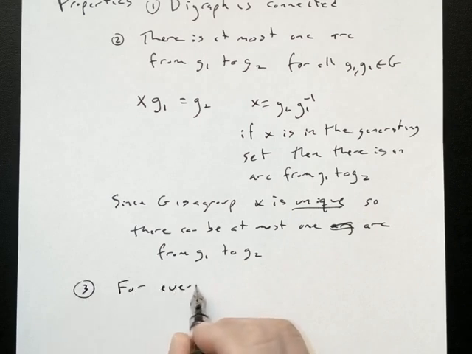Property 3. For every element in the group, there is a unique arc in and out of that element in each color.